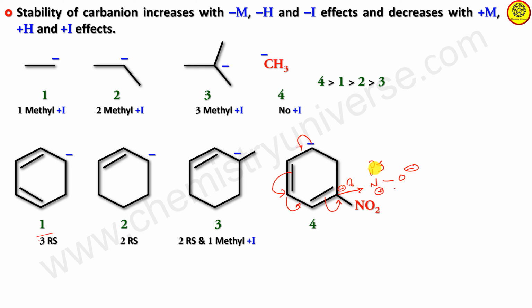And that too, the one in which the negative is going to O, whereas in all the others, the negative is actually on carbon. So the fourth structure has 4 RS and 1 nitro -I, and that too in the fourth RS, you have the negative being spread on O. So obviously the order should be 4 more than 1 because it has got more resonating structures, and out of 2 and 3, 2 should be more stable because 3 has +I also. So the order should be 4, 1, 2, 3.